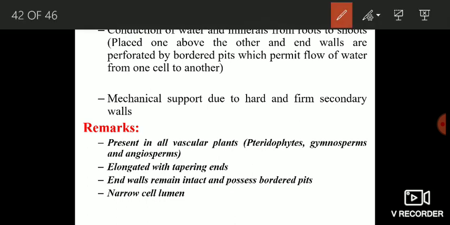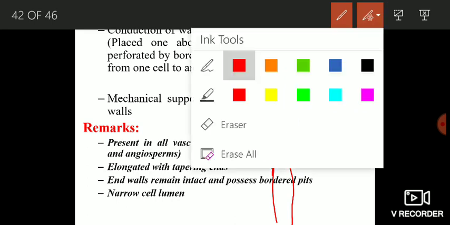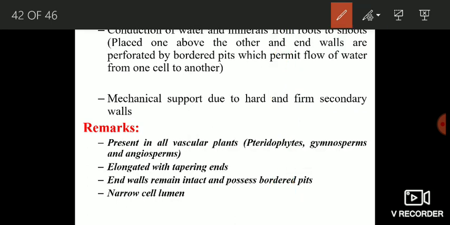Let us make it more clear. Say this is one tracheid and this is another tracheid, okay, and they possess the tapering ends. Here at this point you have a bordered pit. At this point, let's make it more clear, it is not that much clear.